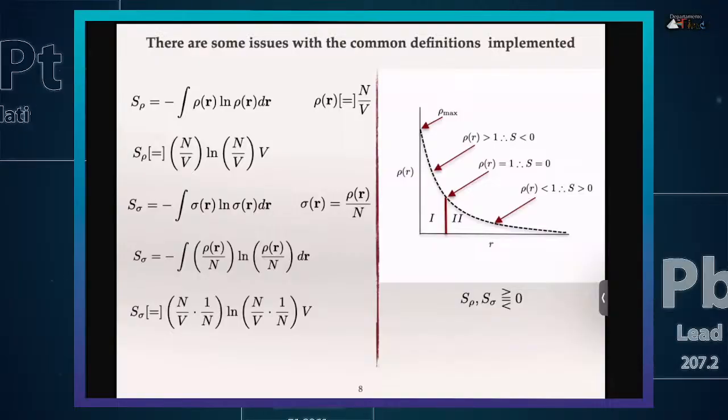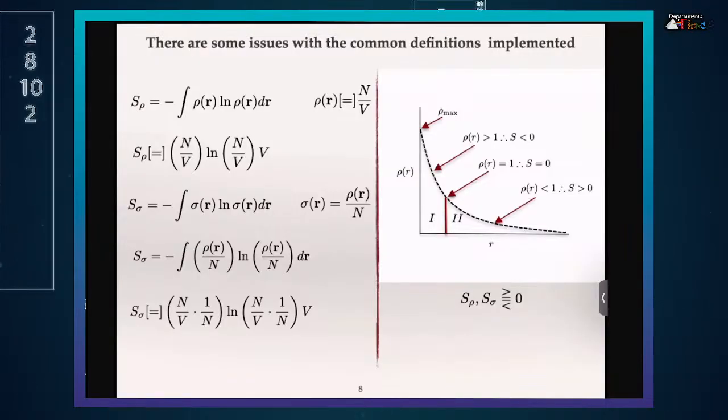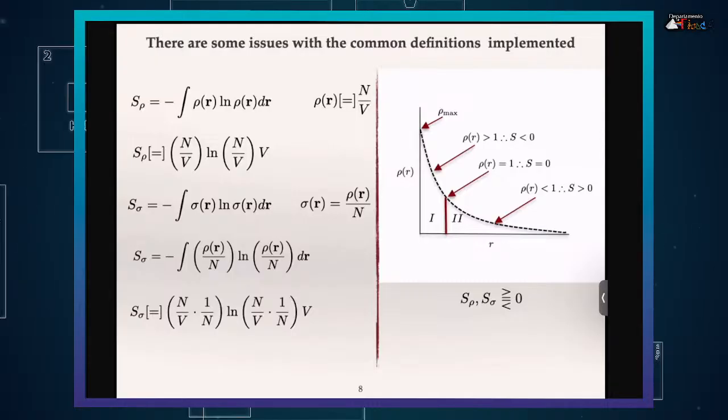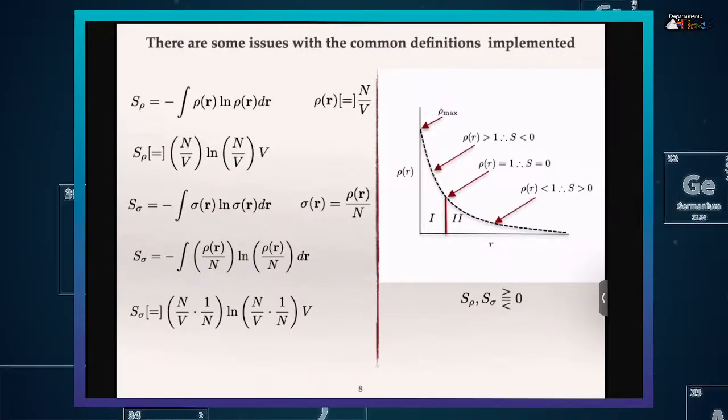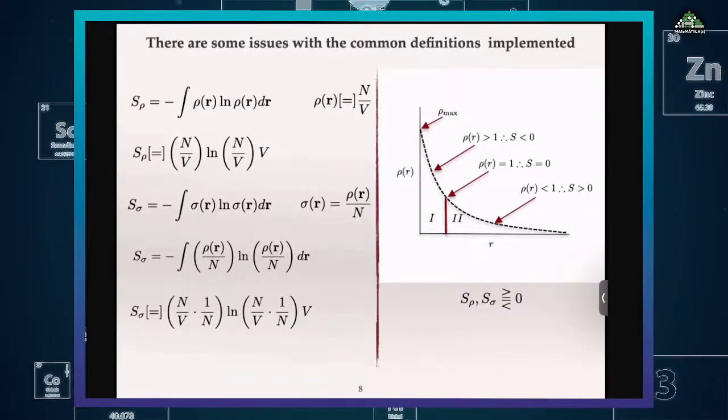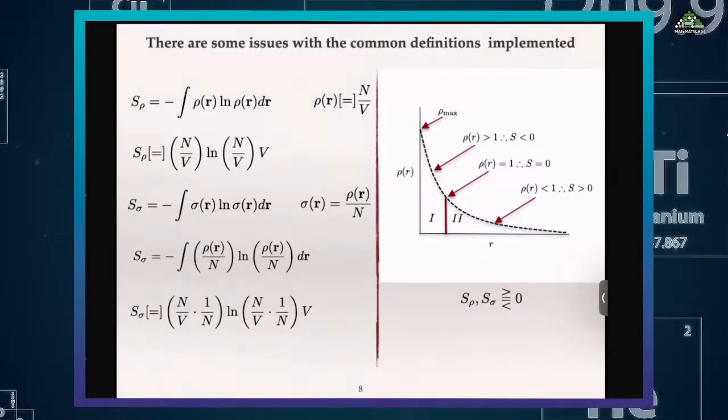Therefore, the Shannon entropy defined in terms of the electron density or the shape factor can have numerical values that are negative, positive, or even equal to zero.